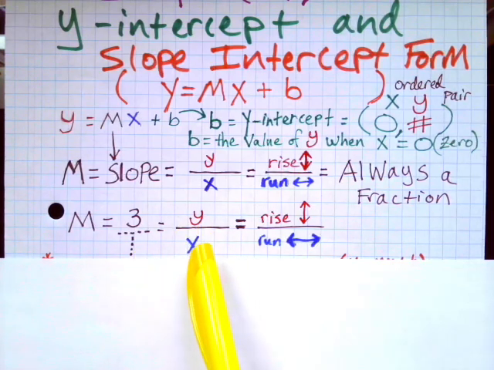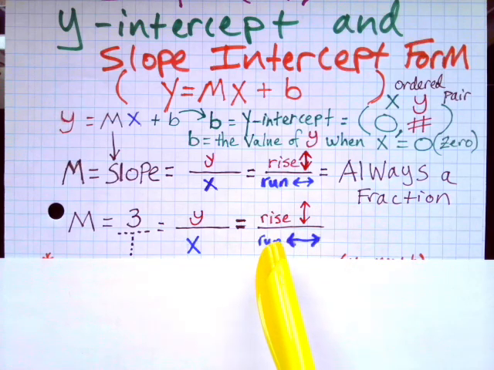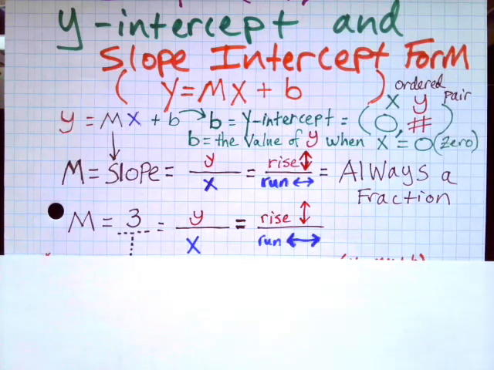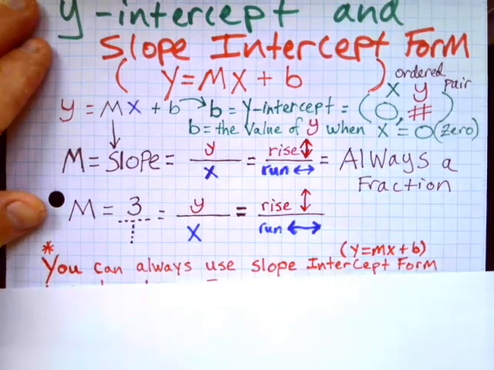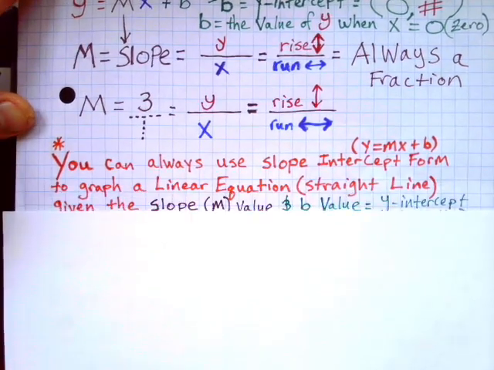The invisible 1 represents x. I will rise 3 and will run one in the positive x direction. My slope is 3 over 1. So it will always be a fraction.